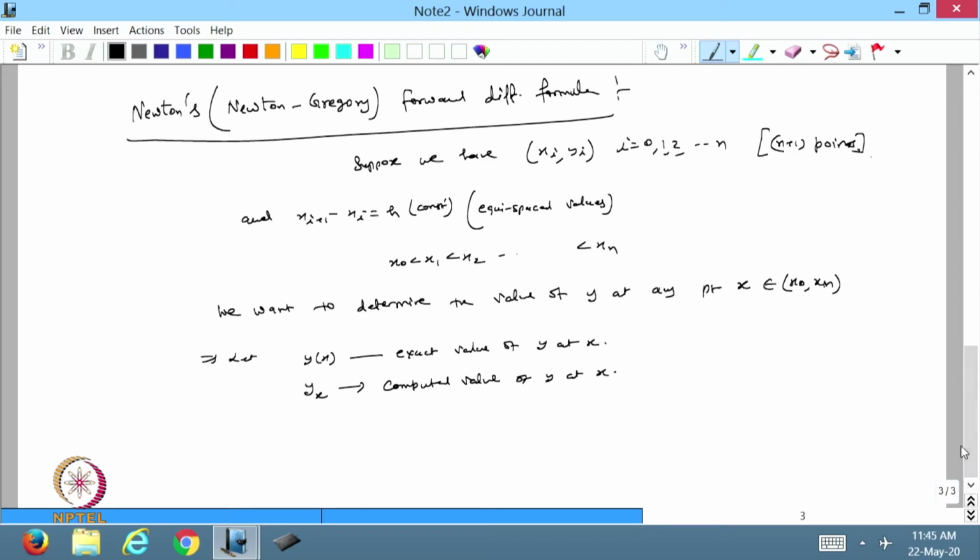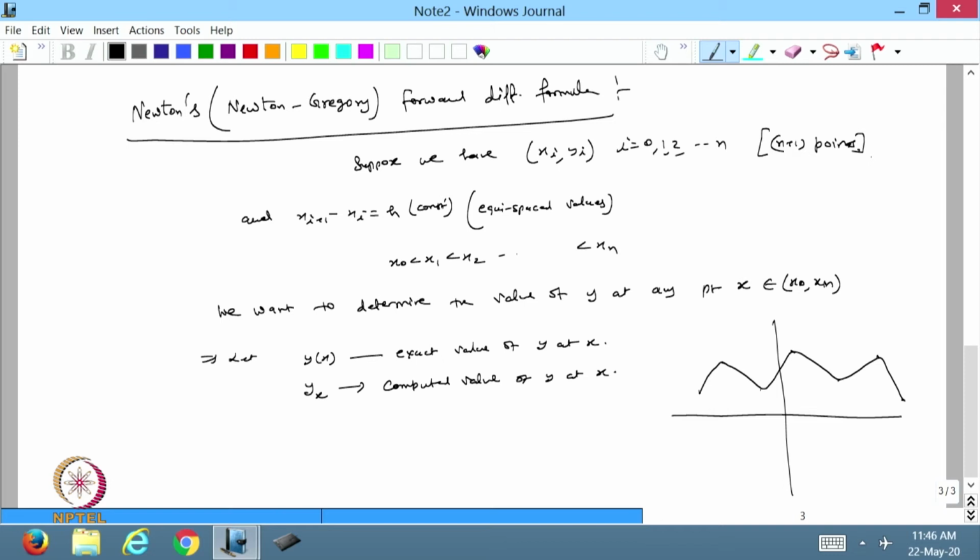It means that I have some data given to me, like this value, and based on this I will write an interpolating polynomial. So, this is supposed to be my interpolating polynomial, and now I want to find the value of y at any x.